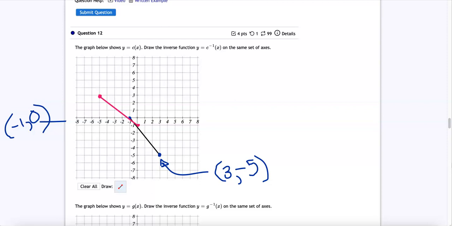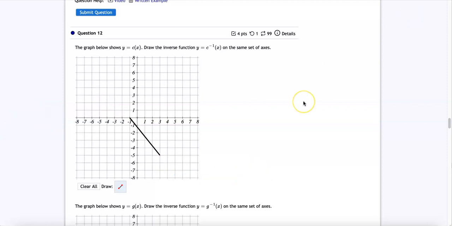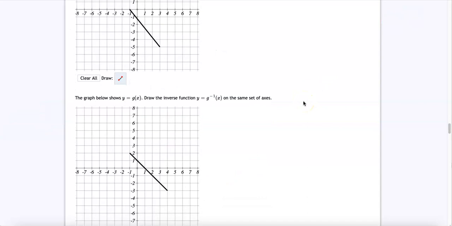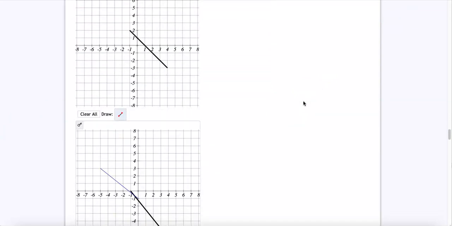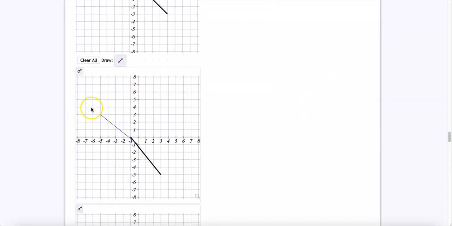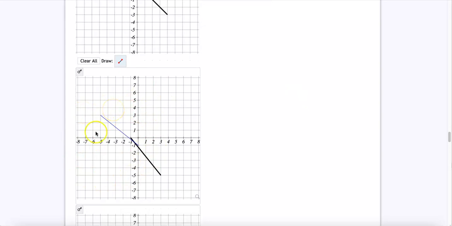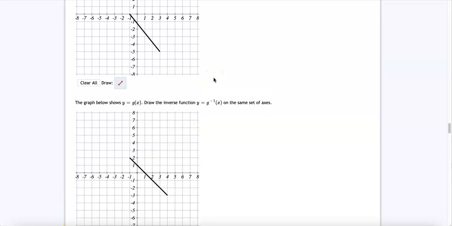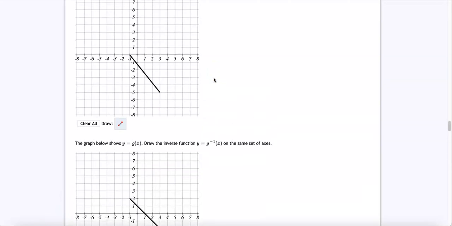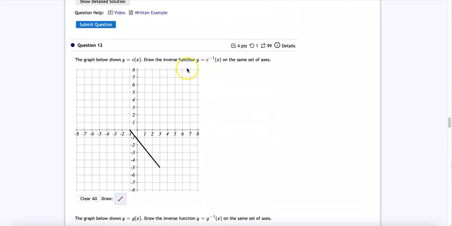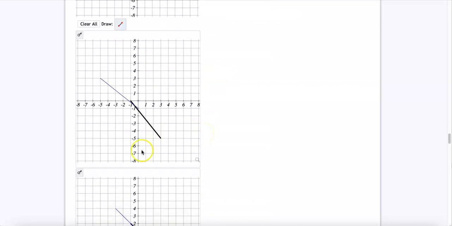So just identify 2 points on the original one, switch the x and y coordinates, and then that's how you get your graph. And you can see them now together, and you can see that you have a reflection across y equals x. Okay, so that was your c of x, and you need c inverse of x.